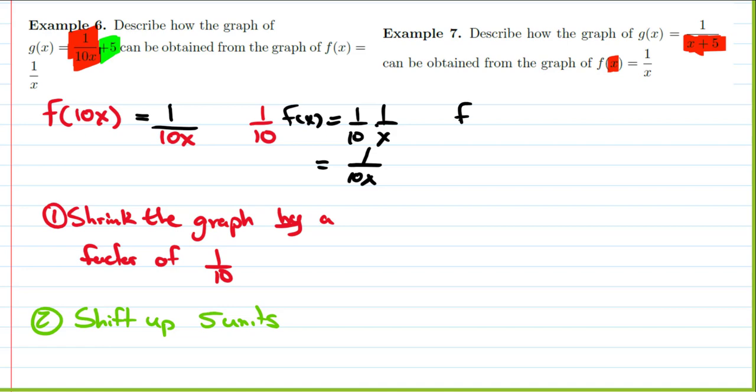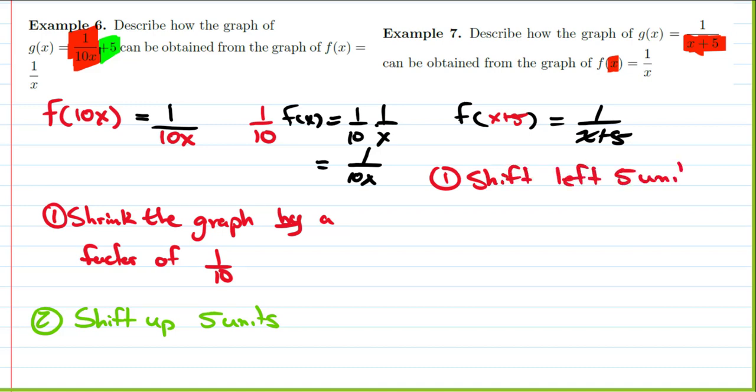So we'll notice that f of x plus 5 would indeed be 1 over x plus 5. So that's composition, and that's going to shift left 5 units.